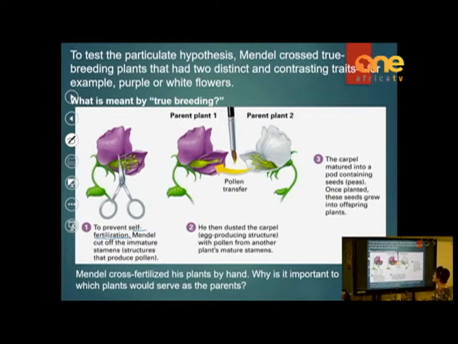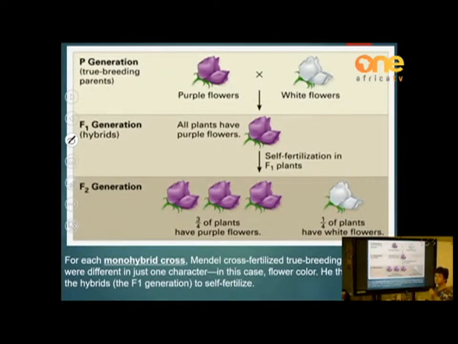Okay, so he cross-fertilized his plants by hand. It was very important because he needed to control who the parents were in order to see if the parents transfer the genetic characteristics.